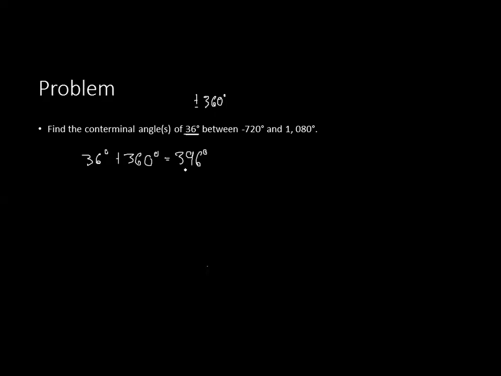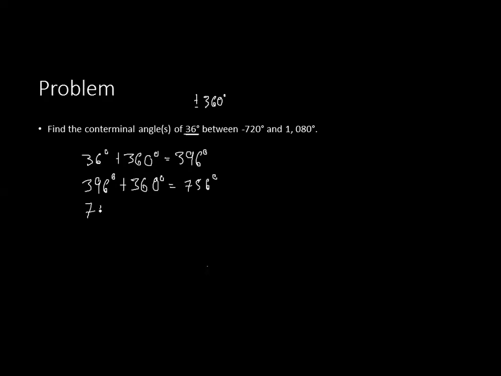So is this one part of this range? The answer is yes, it does. Now let's keep on going. 396 degrees plus 360 degrees. So 396 plus 360, we have 756 degrees. So is this part of this interval? The answer is yeah, it does.